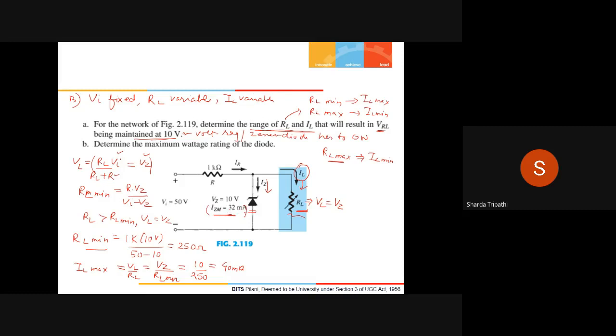And this is given in the specification sheet of the diode. So generally you will have the minimum current that this Zener diode can support and the maximum current that this Zener diode can support. ये दोनों figures specification sheet में मिल जाते हैं. So IZ max is what I already know. So IR is equal to IZ plus IL. This I know. But if I say that my IL has to be IL min, that means my IZ will be IZ max. And this will be equal to IR.